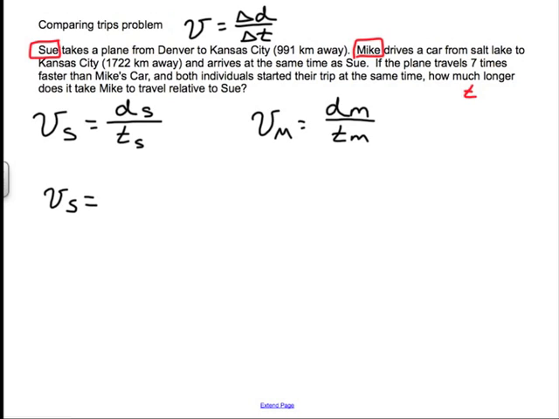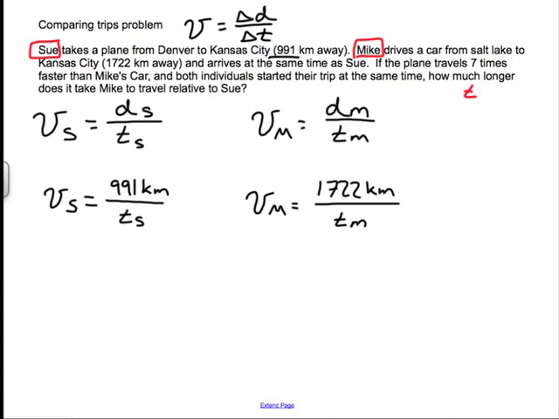Vs is equal to, now Sue went 991 km, and then there's her time down here, the time of Sue. Vm is equal to 1722 km over tm.